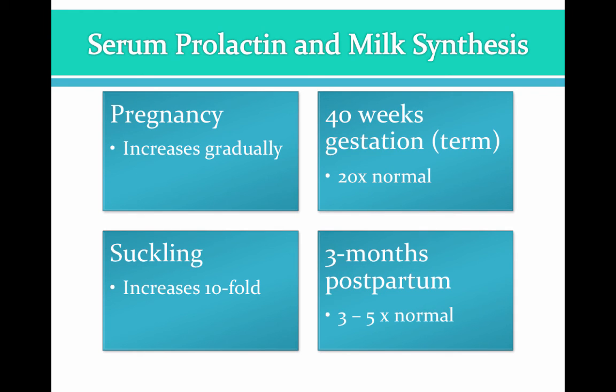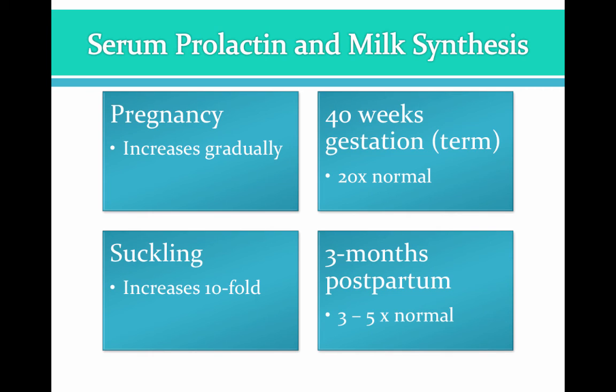Serum prolactin promotes milk synthesis, but during pregnancy, estrogen and progesterone act locally on the alveoli to inhibit milk production and secretion, so prolactin's effect is inhibited. And then after delivery, when the levels of estrogen and progesterone fall once the placenta is delivered, the high prolactin levels stimulate initial milk production.